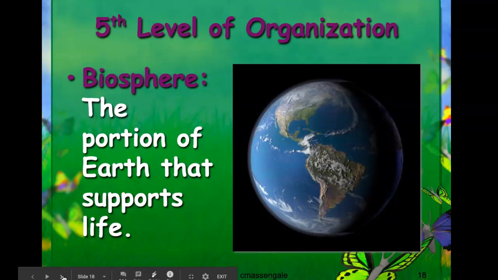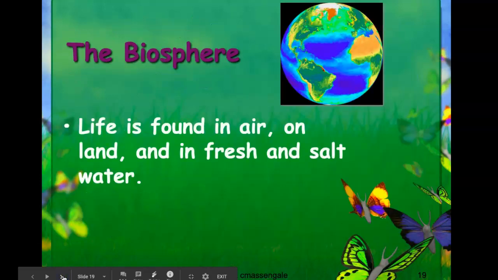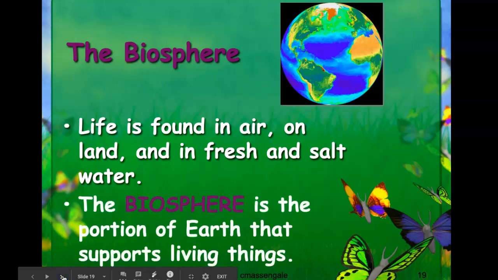We'll get more into that, but they have so many things in common with each other that we can kind of use them interchangeably. So the biosphere is going to be where life is found in the air, on land, in fresh water, and in salt water. The biosphere is going to be the portion of Earth that supports living things.